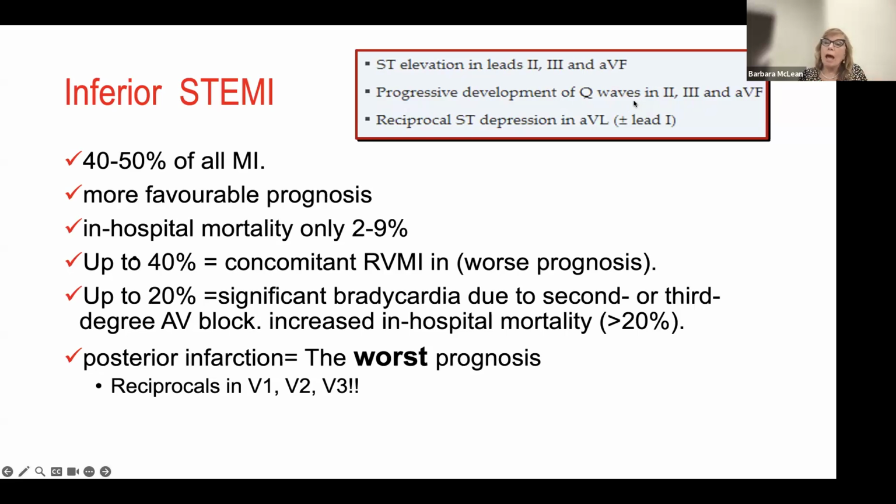As this evolves and tissue is dying, your R wave will get smaller and you'll start to develop a Q wave, the absence of electrical depolarization under the lead that's looking at that surface. It is important to remember that you will see reciprocal ST depression in AVL, and some may be more or less in lead 1, but definitely in AVL. 50% of all MIs are inferior.